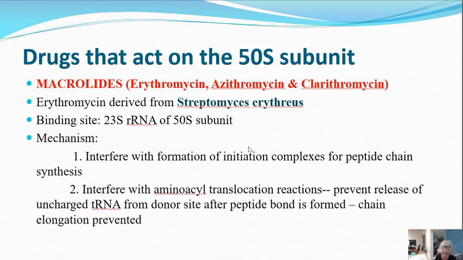So basically the mechanism is it interferes with the formation of the initiation complex for peptide chain synthesis. It interferes with aminoacyl translocation reactions and prevents the release of uncharged transfer RNA from the donor site after the peptide bond is formed, thereby preventing chain elongation.